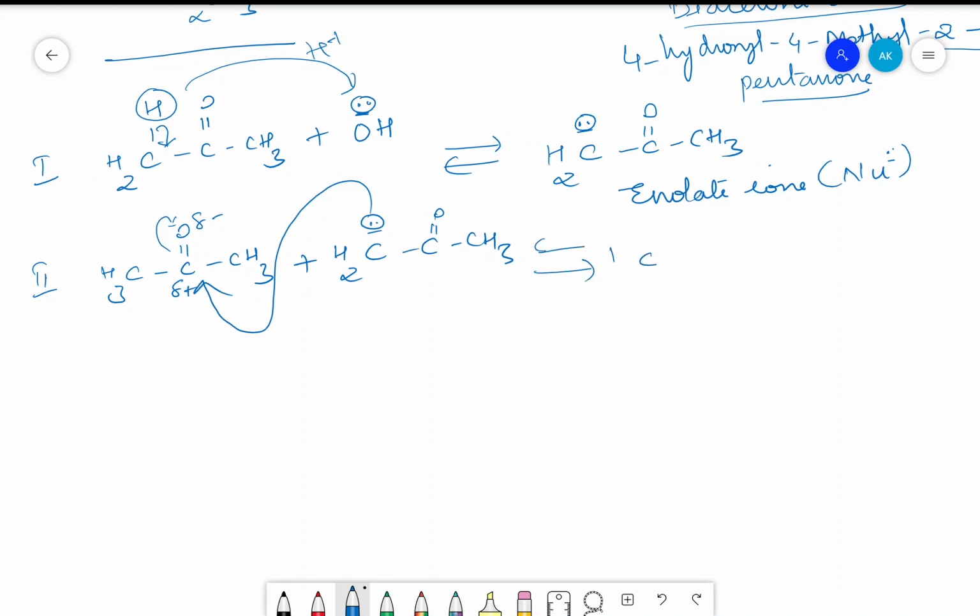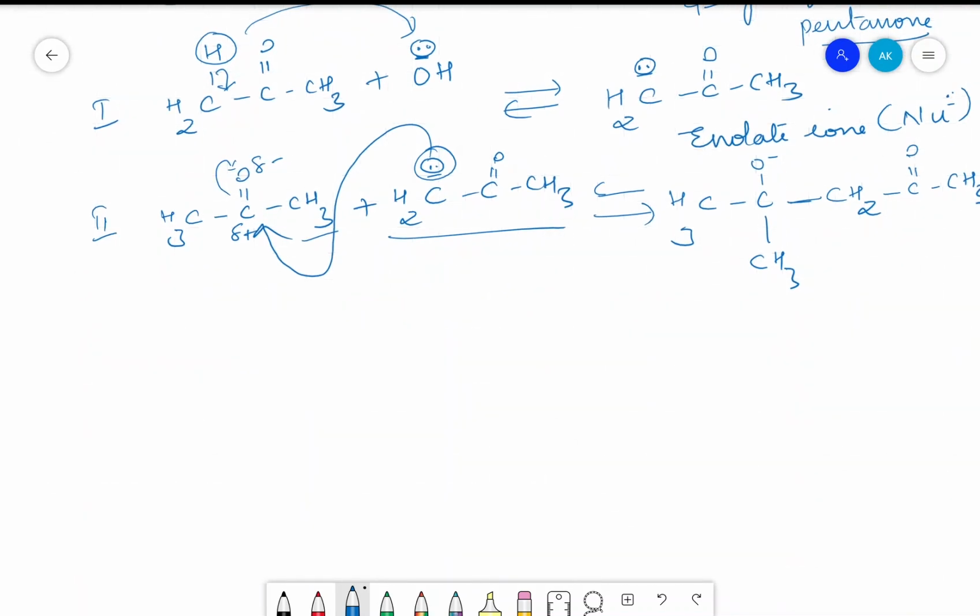It is CH3 CO minus. I'm shifting CH3 from here to down and a new bond is formed due to this negative charge, and I'm going to write CH2 as it is along with C double bond O CH3.